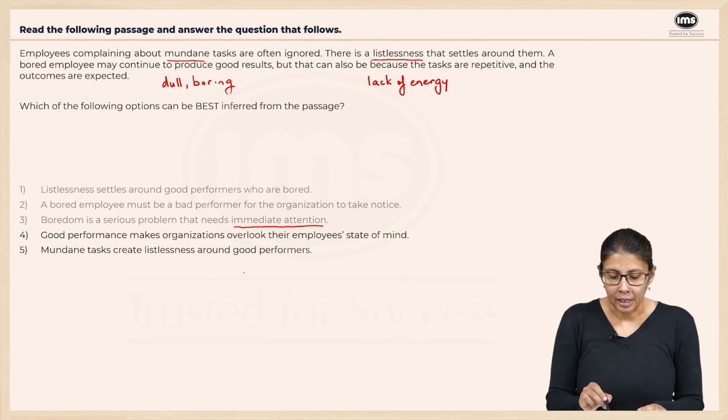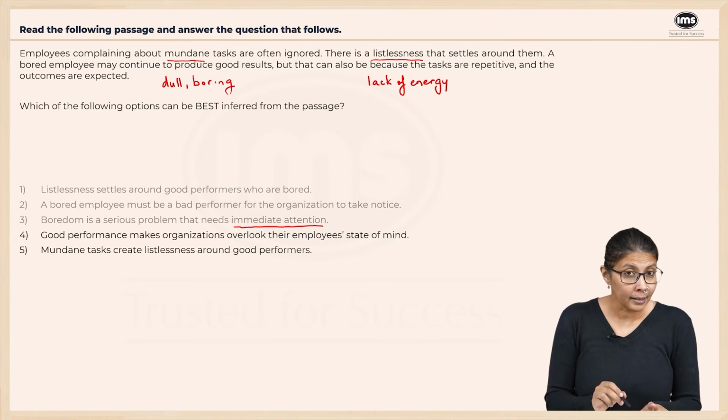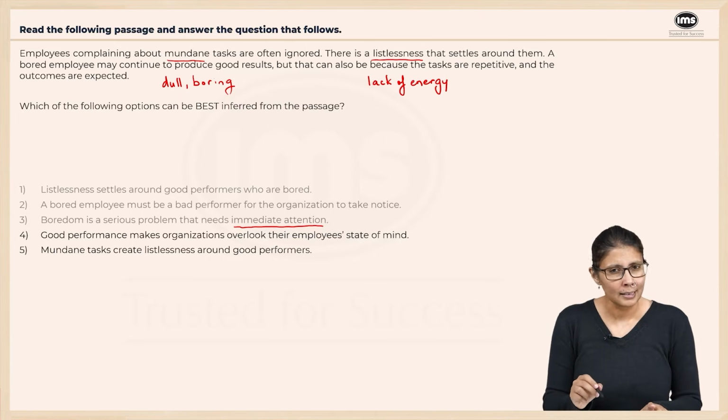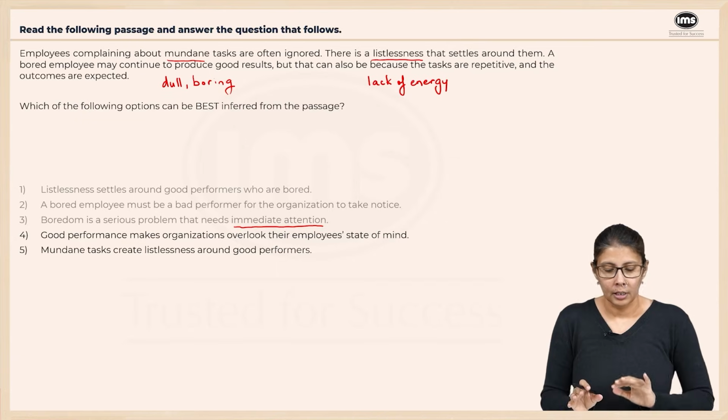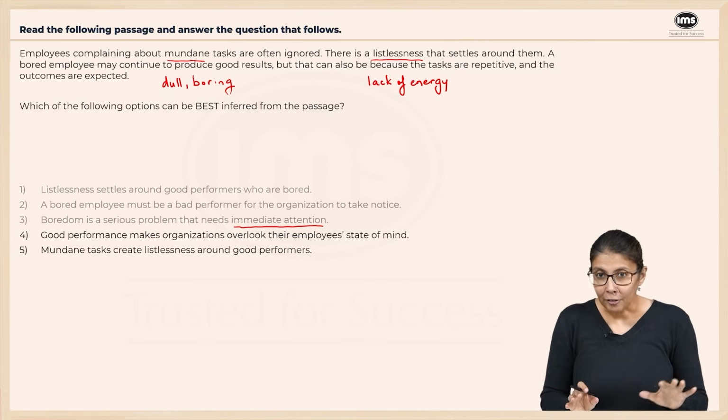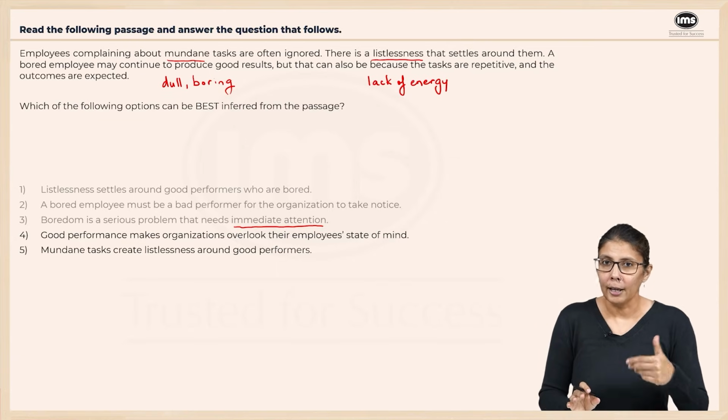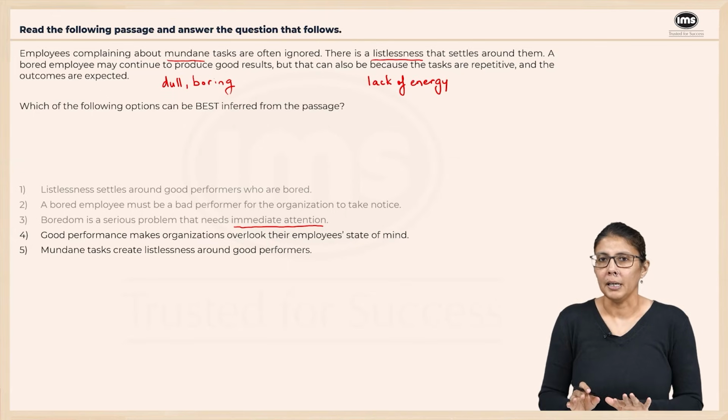Are we trying to say that in general, good performers are faced with mundane tasks and therefore are listless? No, we're not trying to generalize this for all good performers, which is what option 5 seems to suggest, that in general, good performers have mundane or boring tasks and therefore they become lethargic. So, on that basis, maybe we can eliminate 5.